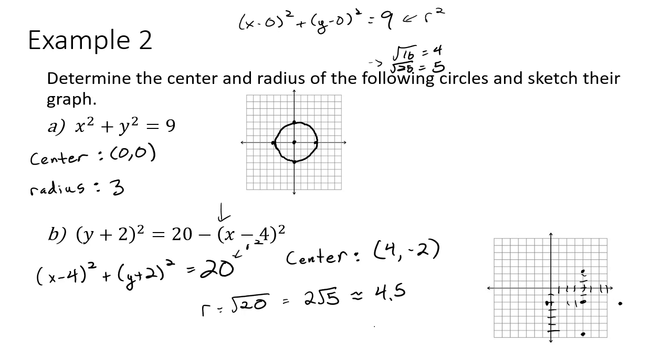I get my 4 points that I'm going to draw my circle through. I'm going to clean this up a little bit. And so we get a graph that looks a little bit like this. Not my best circle, but functional.